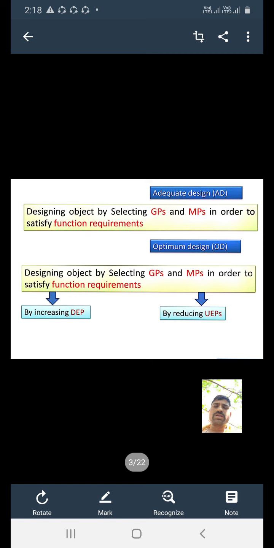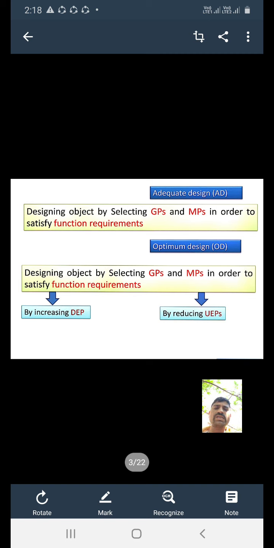And optimum design of a mechanical element is the selection of the material and values for independent geometrical parameters with the specific objective of either minimizing the most significant undesirable effect or maximizing the most significant functional requirement.